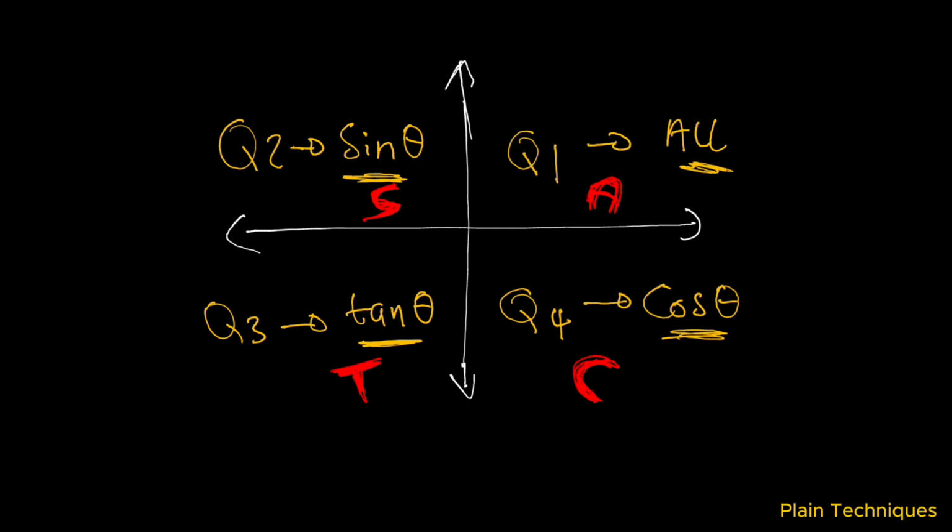Now, if you start from quadrant number 4 going this way, you can use a mnemonic, CAST.